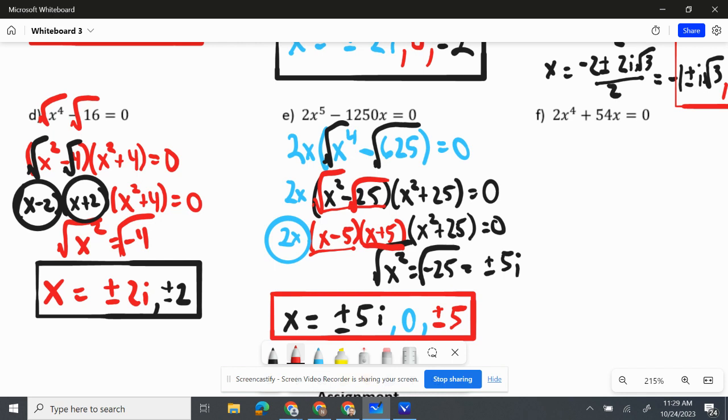Now, looking at letter F, I see that they have a 2x in common, so I factor out a 2x, and what's left over is an x cubed plus 27. And I notice that this is a sum of cubes, so I'm going to rewrite it as x cubed plus 3 cubed.